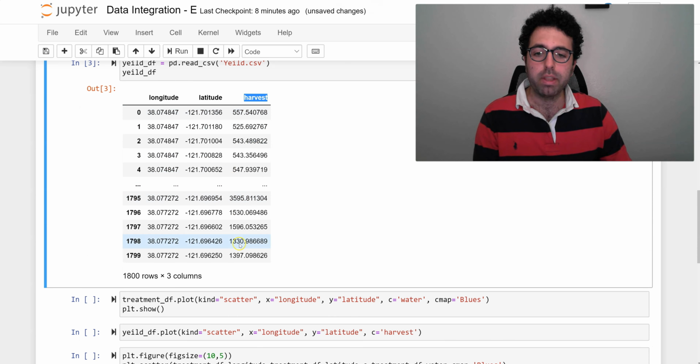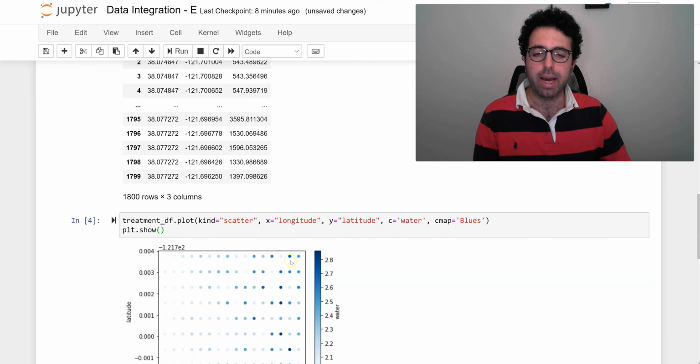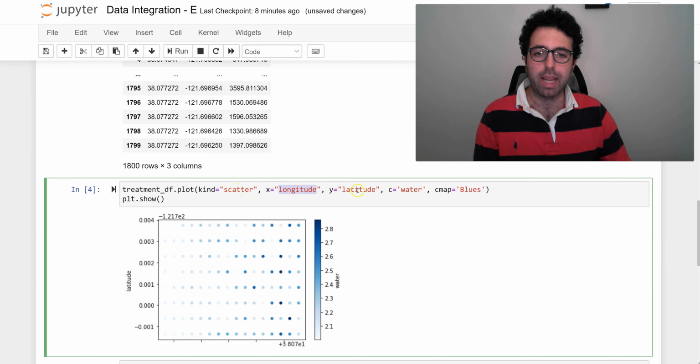So what better visual than a scatter plot, using color to show us what's happening in the field. For the treatment data, we have these treatment points with the longitude and latitude as shown here, and also the amount of water that was dispensed by the water station located at that point.